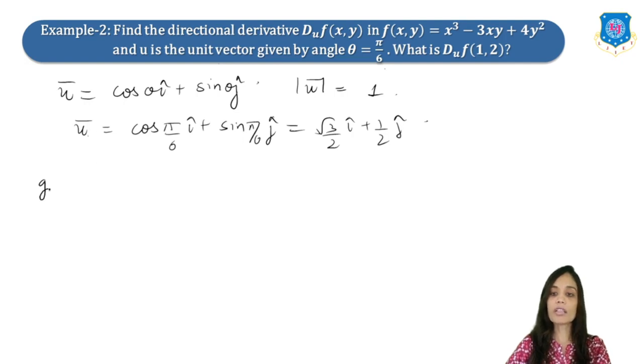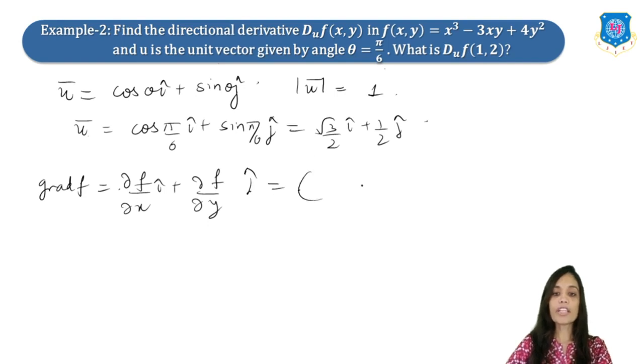Now let us find the gradient of f. It will be del f by del x i cap plus del f by del y j cap. So now find the partial derivatives with respect to x and y. If I do with respect to x, it will be 3x square minus 3y.